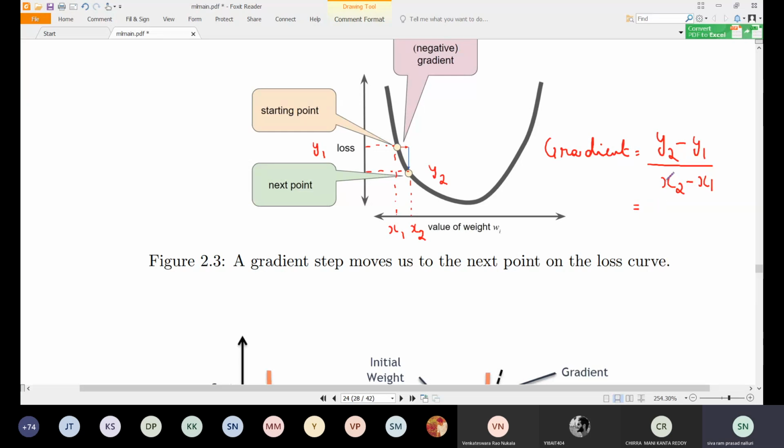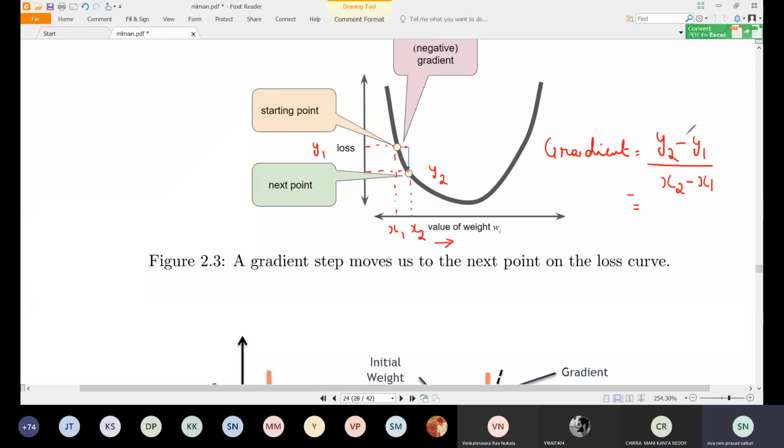So if you calculate, this is the magnitude and the sign of this value is nothing but the direction. Okay. For this case, the sign is negative. As x increases, at this point, y value decreases. So y2 is less than y1.